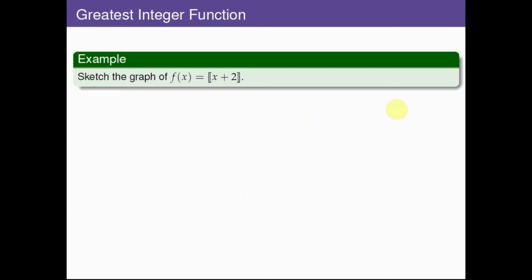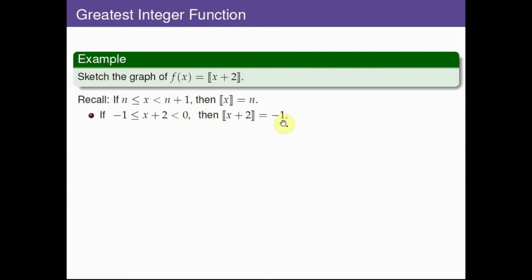As an example, let us graph f of x equals GIF of x plus 2. And for this, let us recall yung remark natin kanina that if x is sandwiched between two consecutive integers such that it is strictly less than the upper bound, then yung GIF ni x mo, yung mas maliit. So that if x plus 2 is sandwiched between negative 1 and 0, strictly less than 0, kapag kinuha mo yung GIF ni x plus 2, ano yan? It's negative 1.